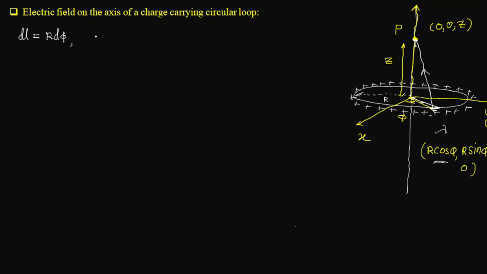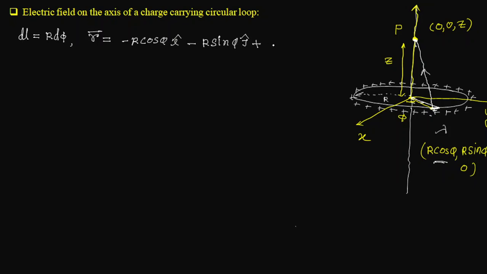So from this figure, how can we write the r vector? We write the position vector of P with respect to the source coordinate. First we write the x coordinate of P minus the x coordinate of the source. P has x coordinate 0 and the source has x coordinate r cos phi, so it will be minus r cos phi i cap, and in the same way minus r sin phi j cap.